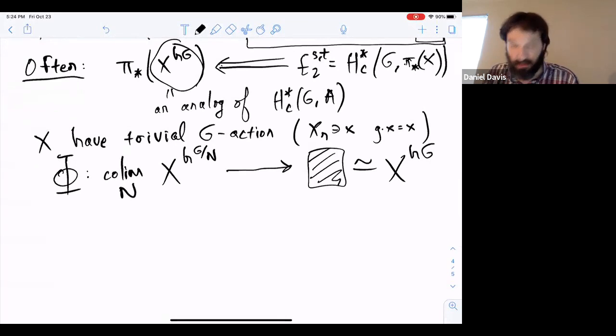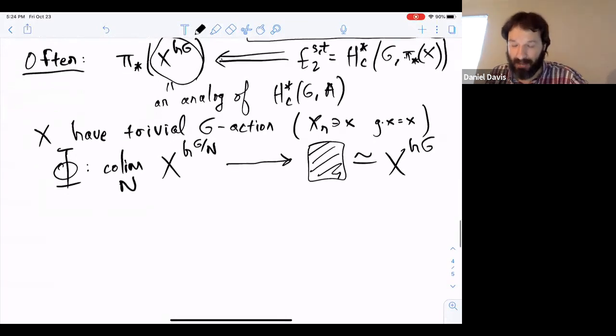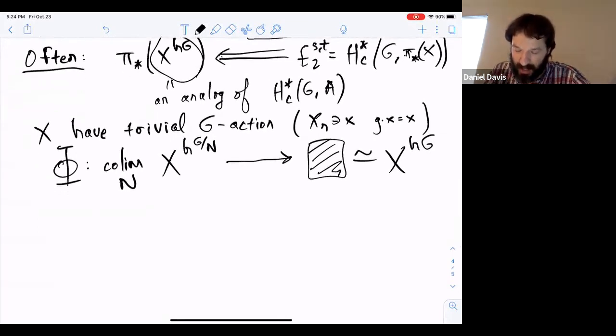So I want to make a few comments about this map. For every n, our assumption on X means that X is equal to the n fixed points, okay? So this spectrum, it's natural to think of it as having a G mod n action.